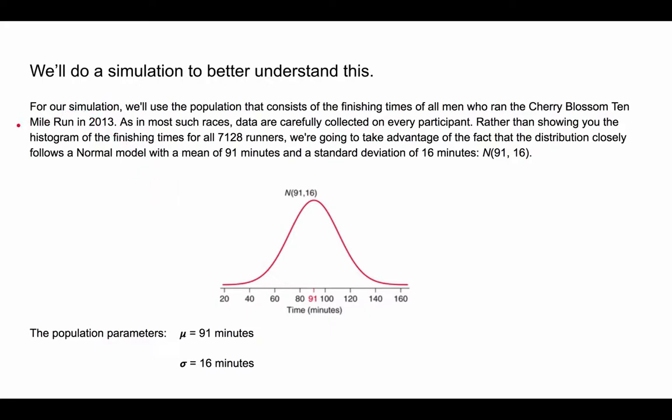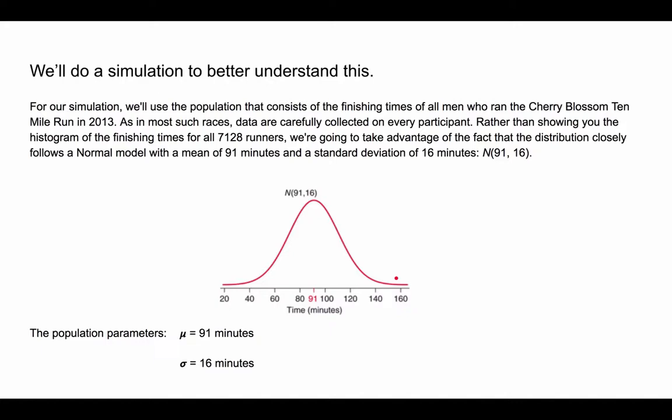As in most such races, data are carefully collected on every participant. Rather than showing you the histogram of the finishing times for all 7,128 runners, we're going to look at a normal model. We found that the distribution closely followed a normal model, so what you are looking at is not the histogram of these running times, but the normal distribution of the times.